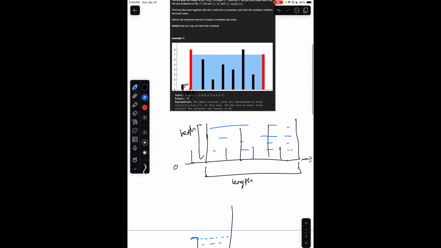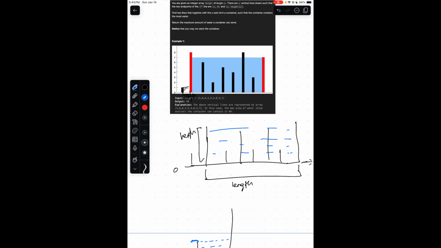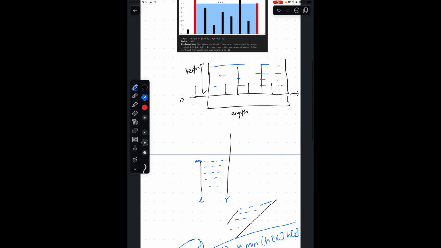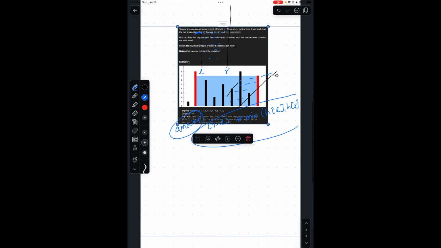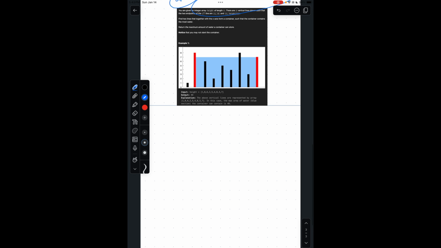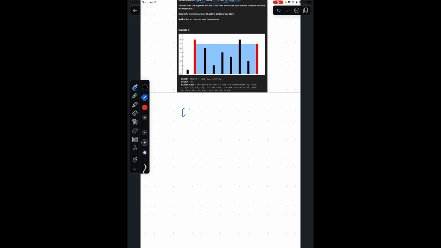But what we want is the maximum amount of water. So in a brute force sense, let's move this image over here. In a brute force sense, if we have an array, what we can do is take this as a left and this as a right, and store the max along with the formula that we have.